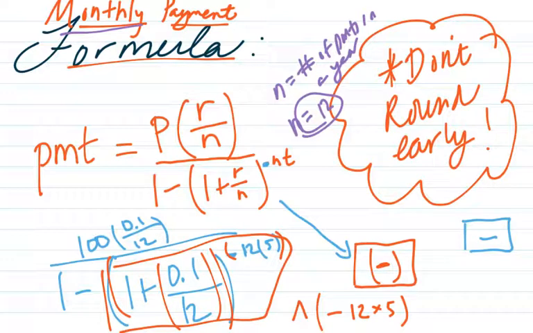Okay? If you don't put parentheses around it, it's just going to think that it's to the negative 12th power, and then it's going to multiply whatever you have there by 5. When you calculate this with your calculator, you can do it piece by piece. But remember, please do not round until the final answer.